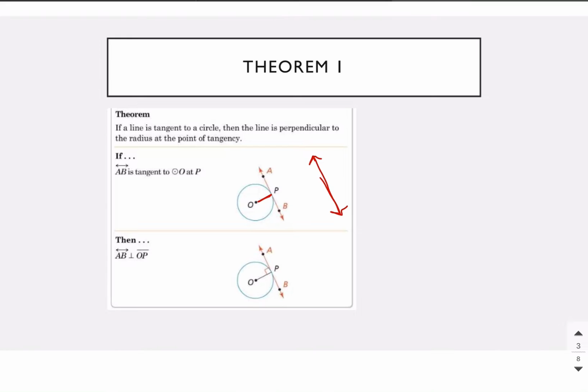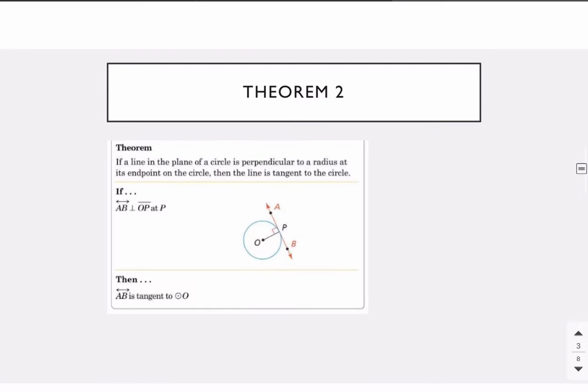Notice we have that right angle. Angle OPA equals 90 degrees, and angle OPB equals 90 degrees. So it's always going to form a right angle if it is a tangent.